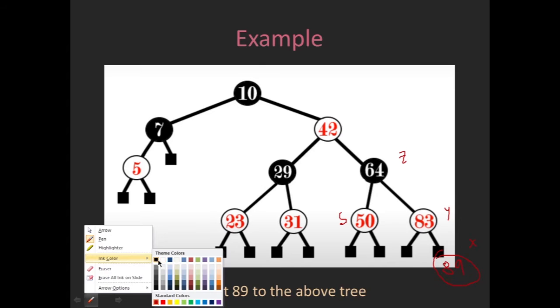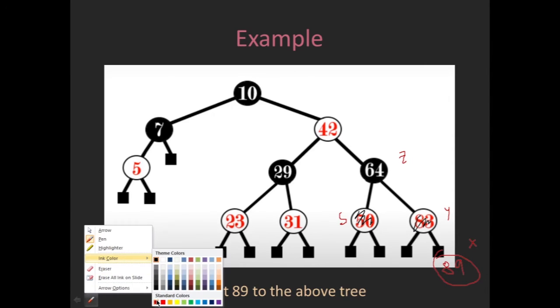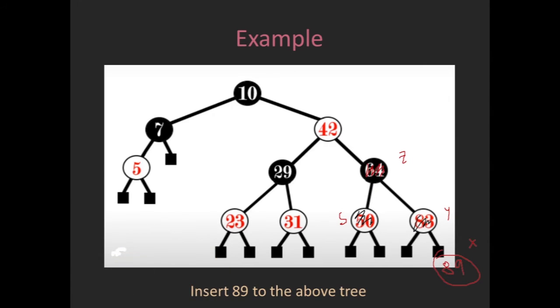So this becomes black, this becomes black, and this becomes red. So this double red condition has been taken care of, but the parent of this red is also a red, so we have to fix this double red condition over again.